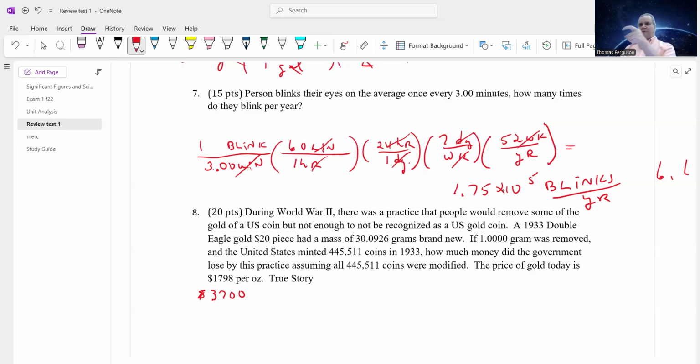When they turned the $20 gold piece back in, it was less, how much? How much did they buff off? 1 gram, right? And how many coins do we have? Yeah, 400 and some thousand coins, right? 25,000. So 1 gram per coin.